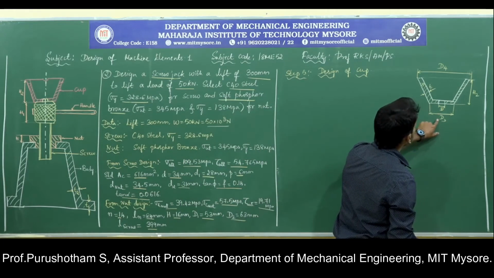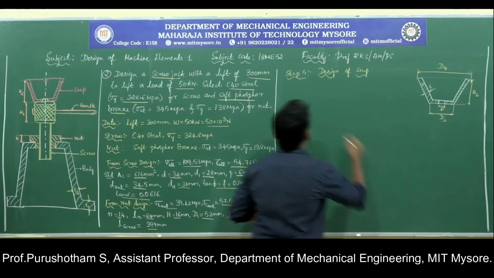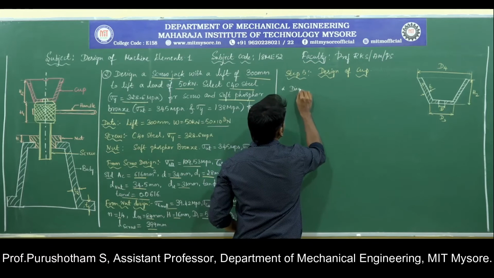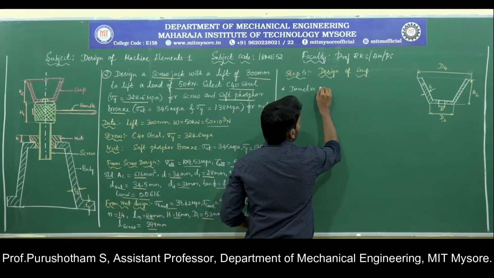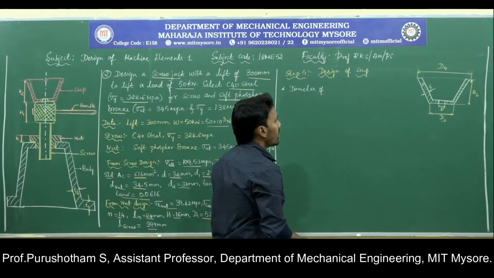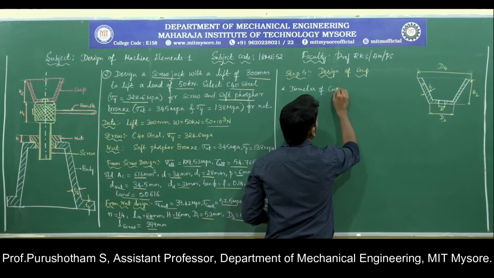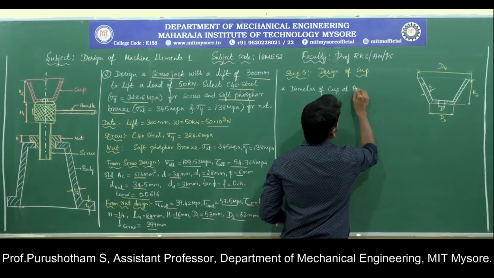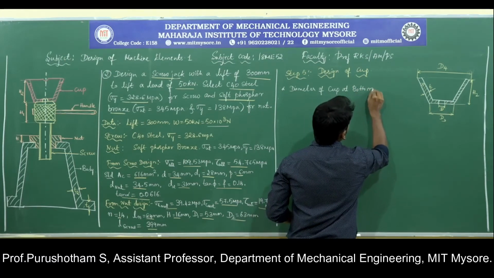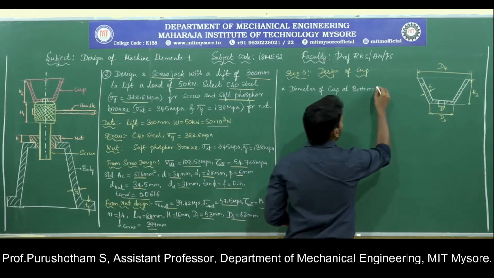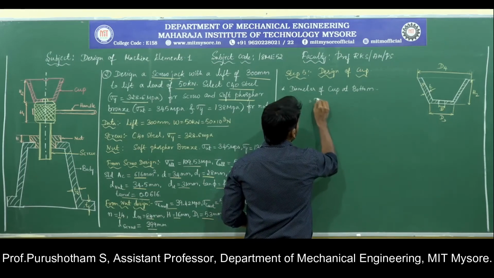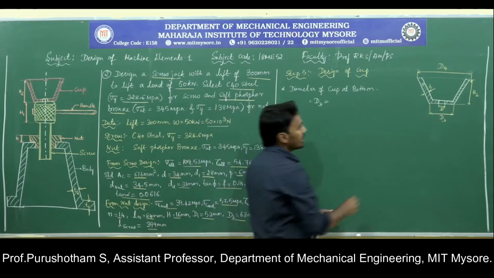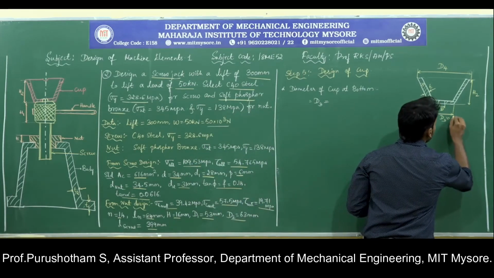D3, that is the diameter of cup at bottom, which is given by DC naught.